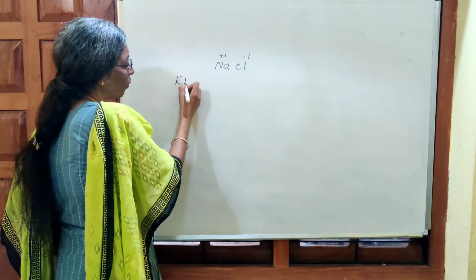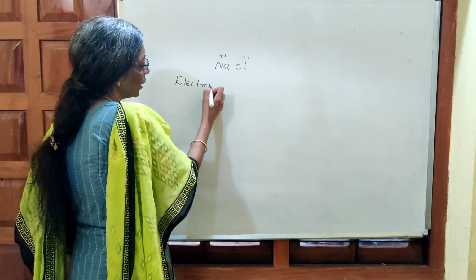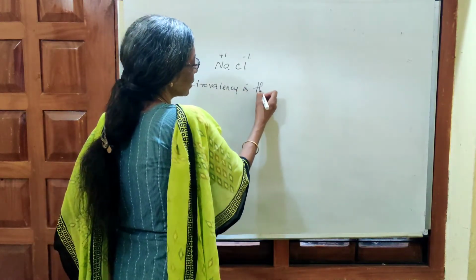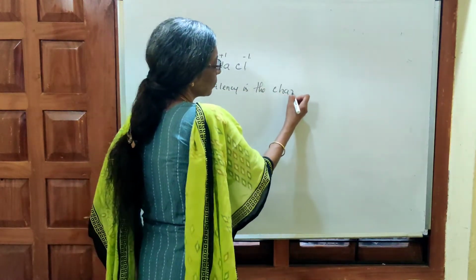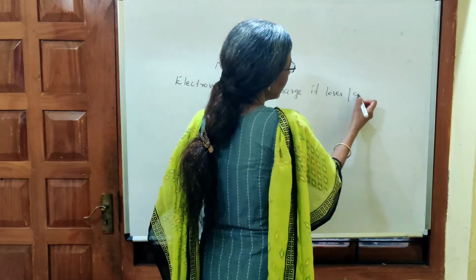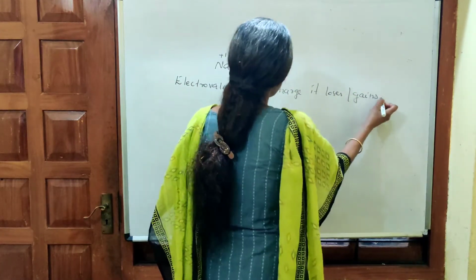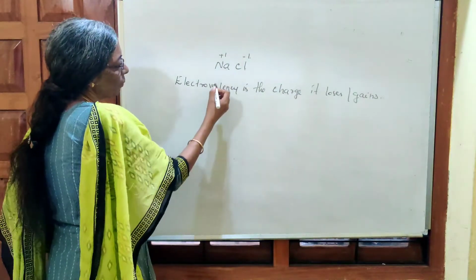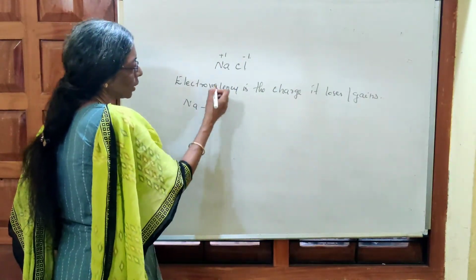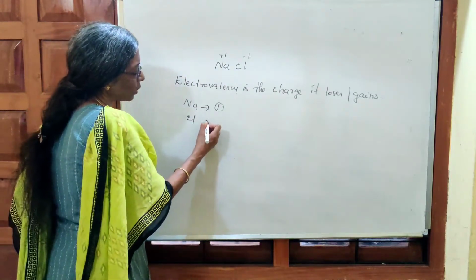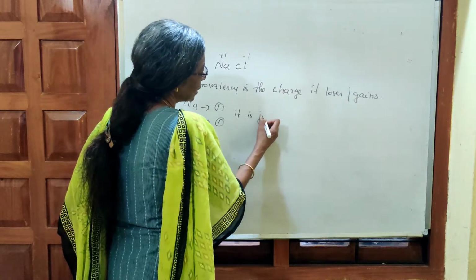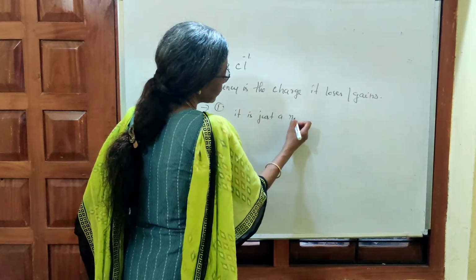So electrovalency is the charge it loses or gains. Okay, for sodium electrovalency is 1. Chlorine electrovalency is 1. So it is just a number.